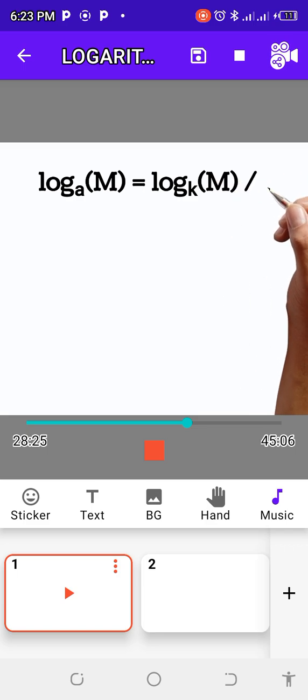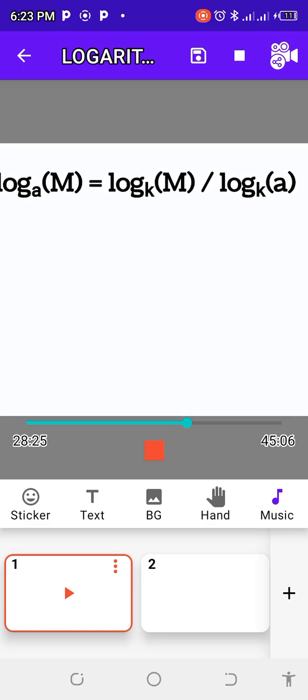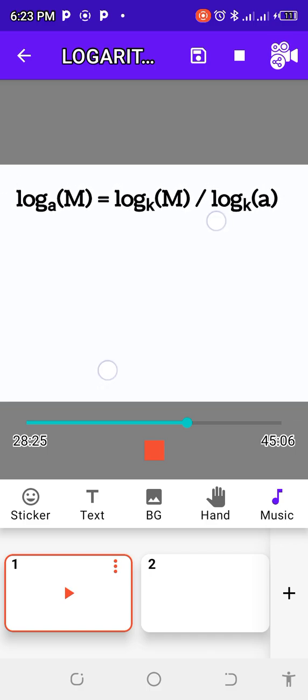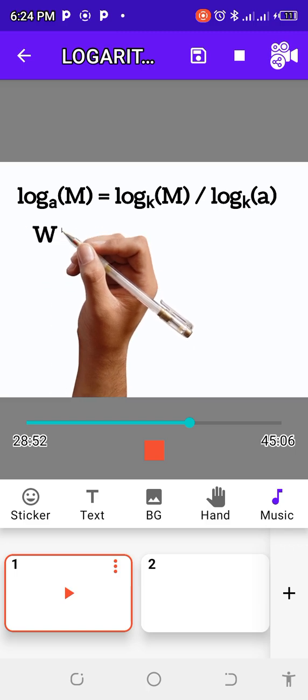Then we are going to take a look at the last law, the last property. This property will enable you to change from any base to base 10. This is the formula for changing the base of any logarithm.